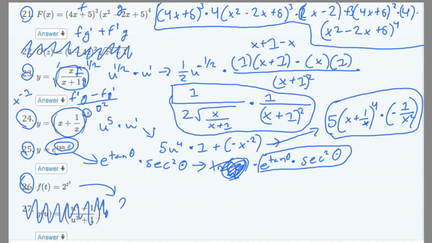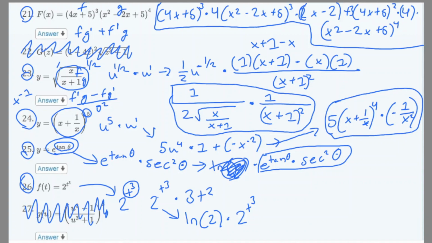Now the final one is 2 to the t to the third power. So this is one we haven't seen before. For this one, this is going to be the inside function, and 2 to the t power is going to be our outside function. So we're going to have 2 to the t to the third power multiplied by the derivative of the inside function, which is 3t squared. The derivative of the outside function is going to be ln 2 multiplied by 2 to the t to the third power.